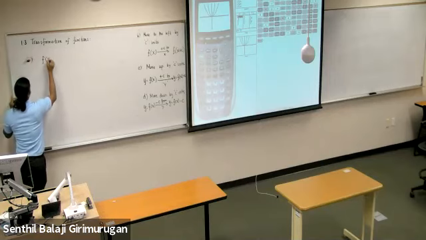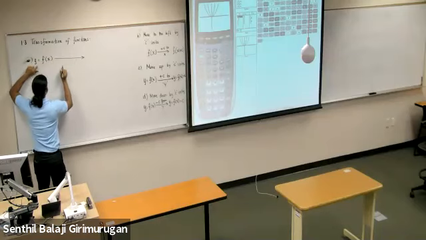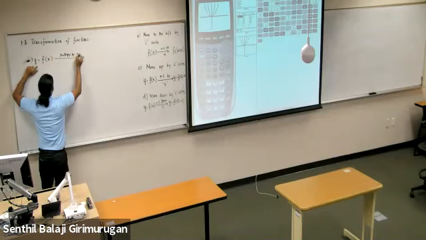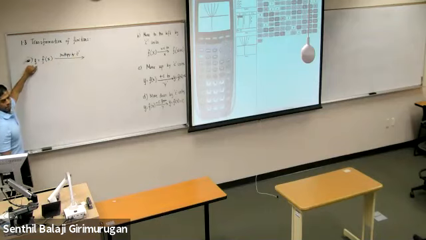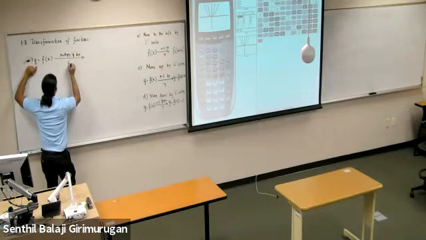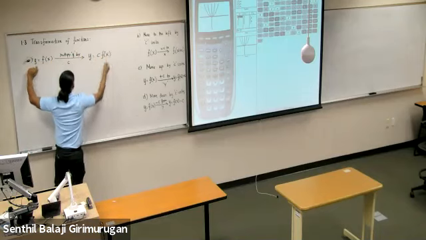But the key thing to remember: you have f of x, and you multiply y by c. So we have y equals c times f of x.